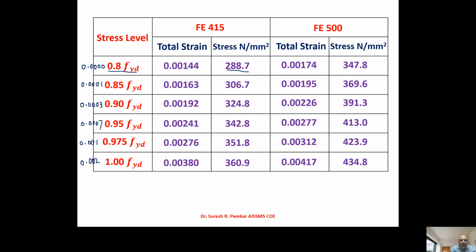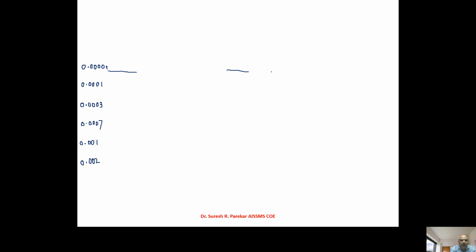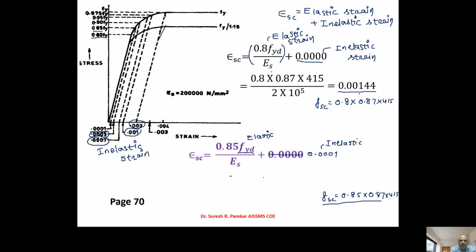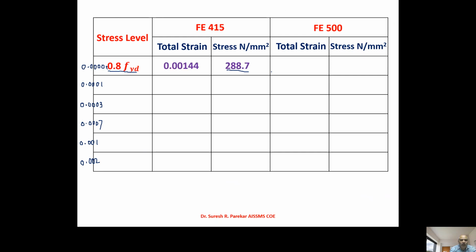So directly you can add these in the respective columns for Fe 500. Here you can see all the values are given: 0.00137, 0.001 and 0.002, as shown over here.